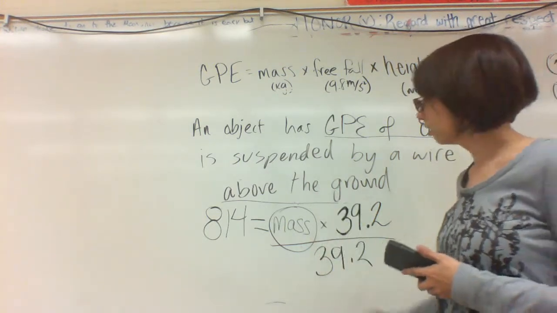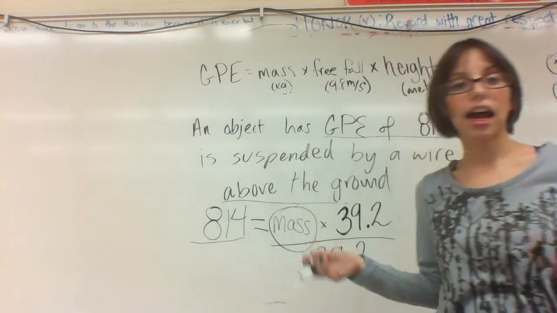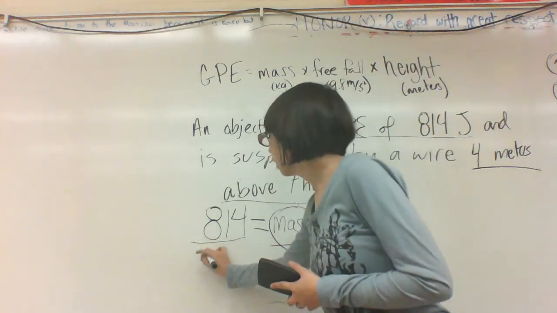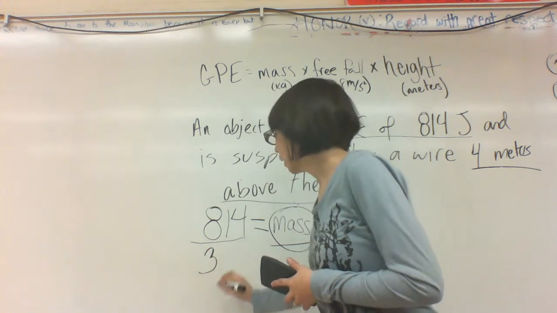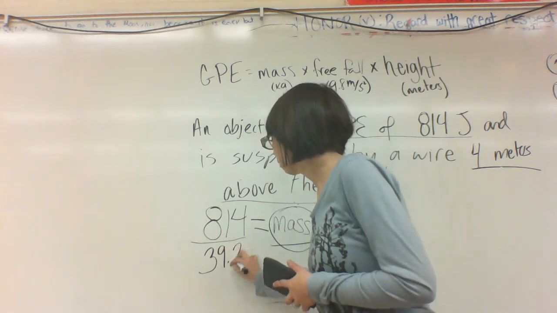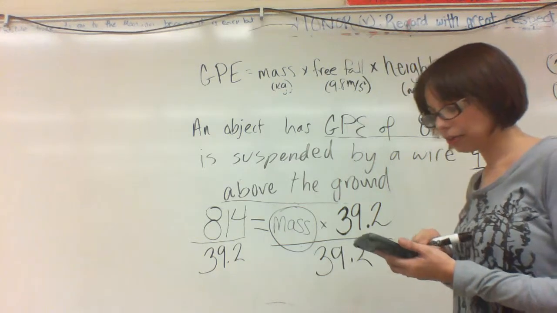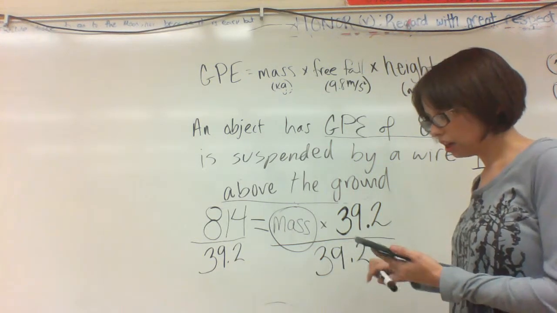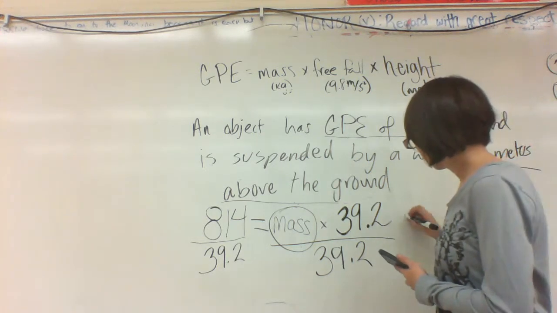Yay! And of course, what I do to one side, I have to do to the other. You have to keep them the same. So divide 814 by 39.2. Let me go ahead and put that into my handy dandy calculator. 814 divided by 39.2 equals a mass.